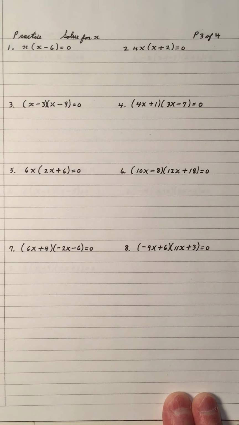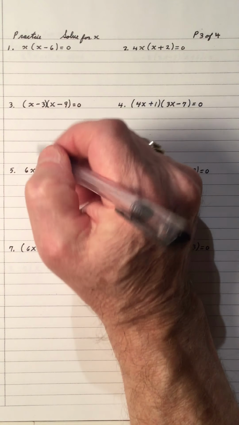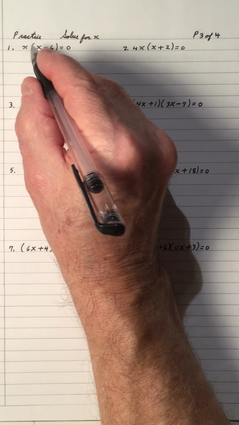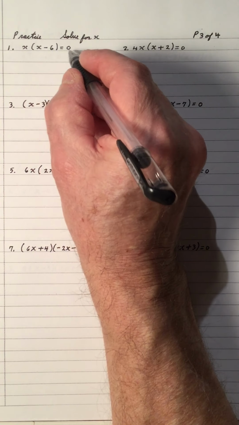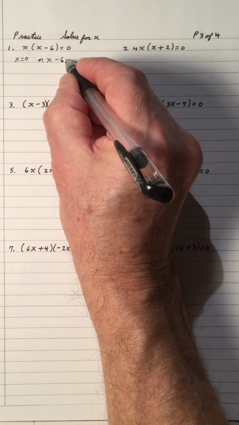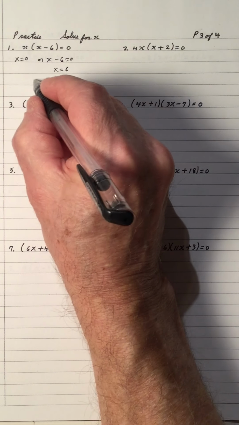Let's continue. Practice means work these out. Pause the video one at a time, work them out to see if you know what you're doing. Here we go. If x times x minus 6 equals 0, x is 0, or x minus 6 equals 0. Minus becomes a plus when you move it over.